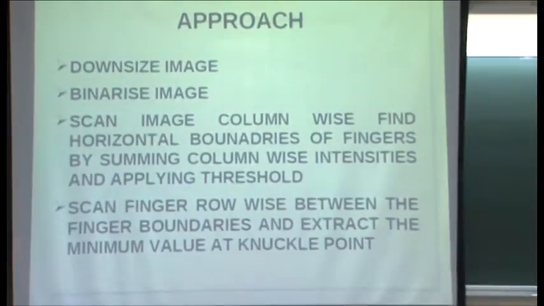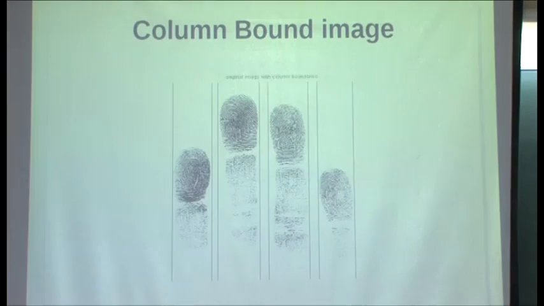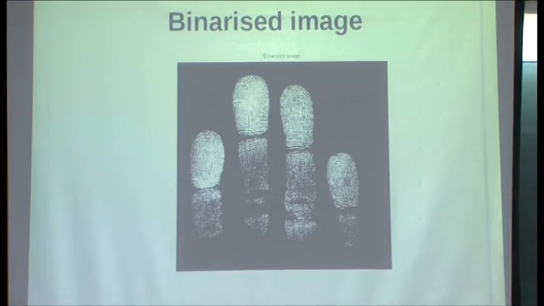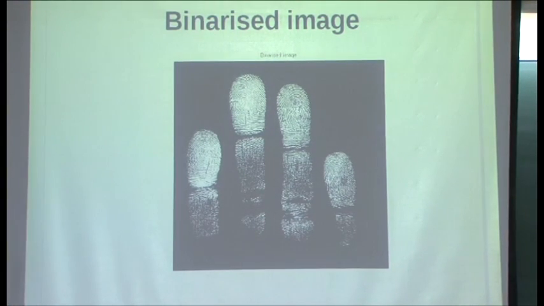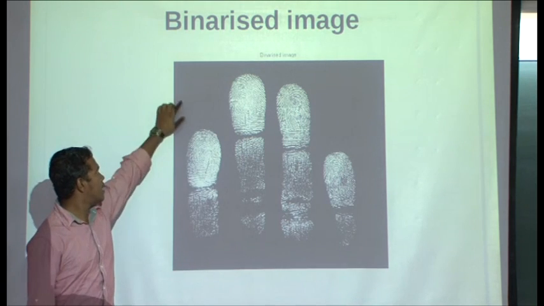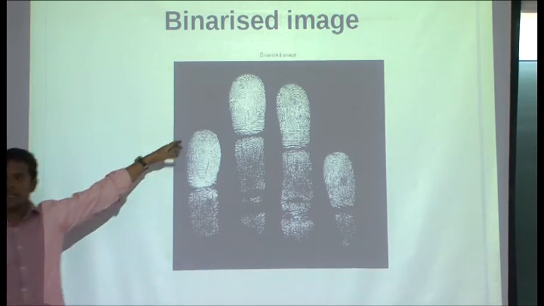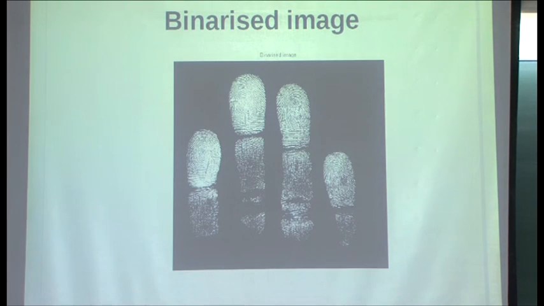Okay, with the diagram, this is the image, binarized and downscaled. As I explained last time, I scan it row-wise and sum up the intensities column-wise, and whenever I get a zero intensity I take it as the start of the finger.